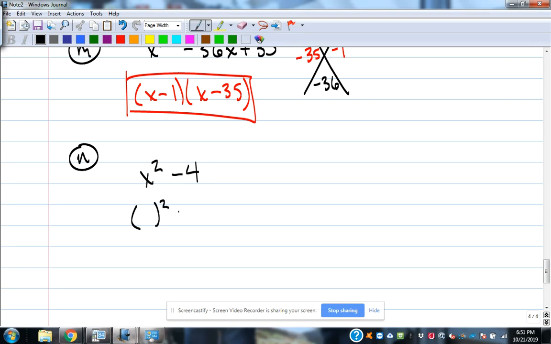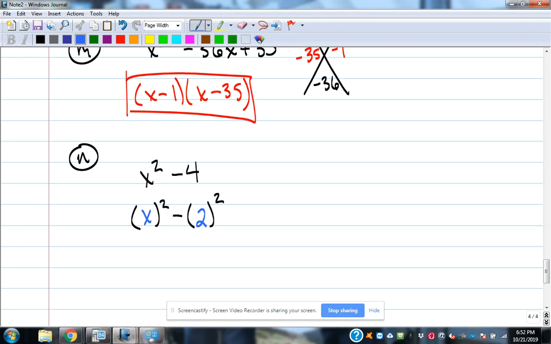It's even, but it's also a square number. Why is 4 a square number? Because 2 times 2 is 4. So 2 squared is 4. X squared is x squared. I've rewritten this as a difference of squares. X squared minus, that's the difference part, 2 squared.